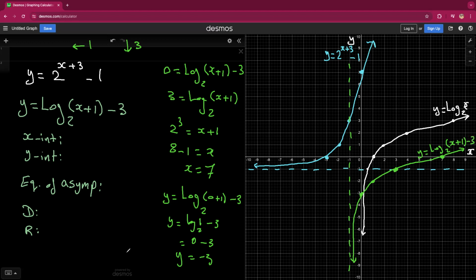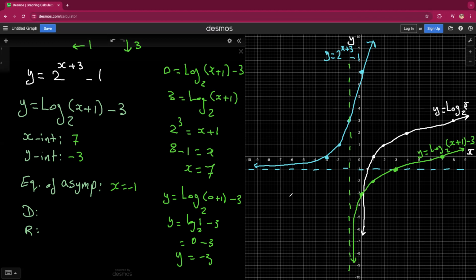Okay, now let's write the x-intercept here. The x-intercept is 7. The y-intercept is -3. The equation of the asymptote is this vertical line, and it's x equals -1.